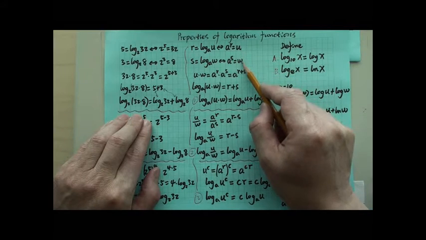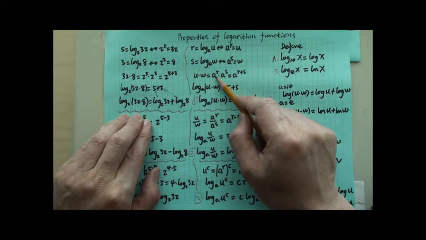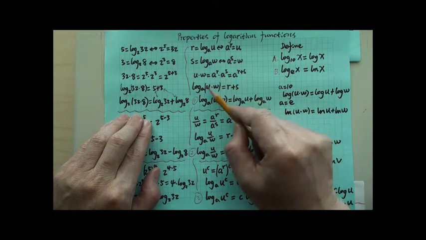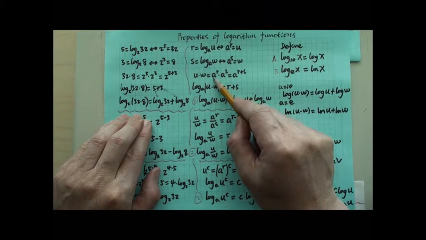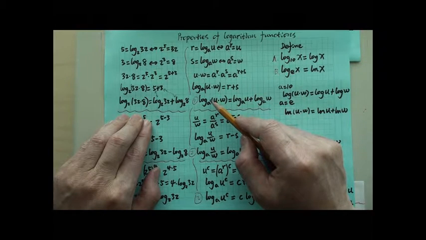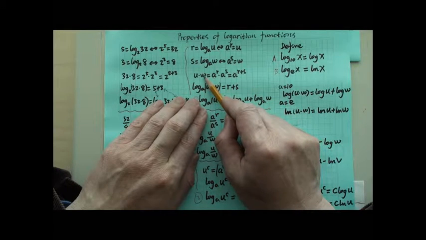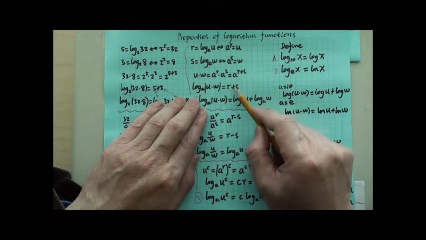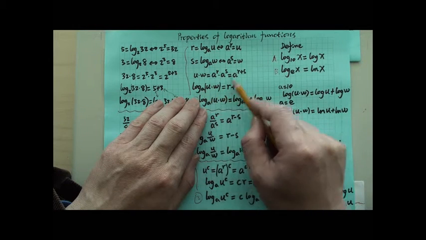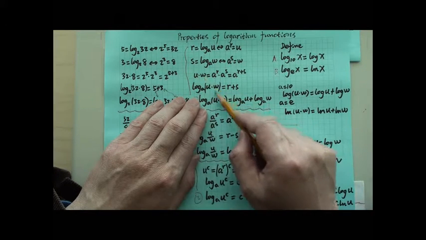If you use u times w, u is a to the r, so that's a to the r. w is a to the s. Okay, bases here are the same, so you add r and s on the exponent. Now, a to the r plus s is u times w. Then the exponent r plus s can be expressed as log base a to the u times w.